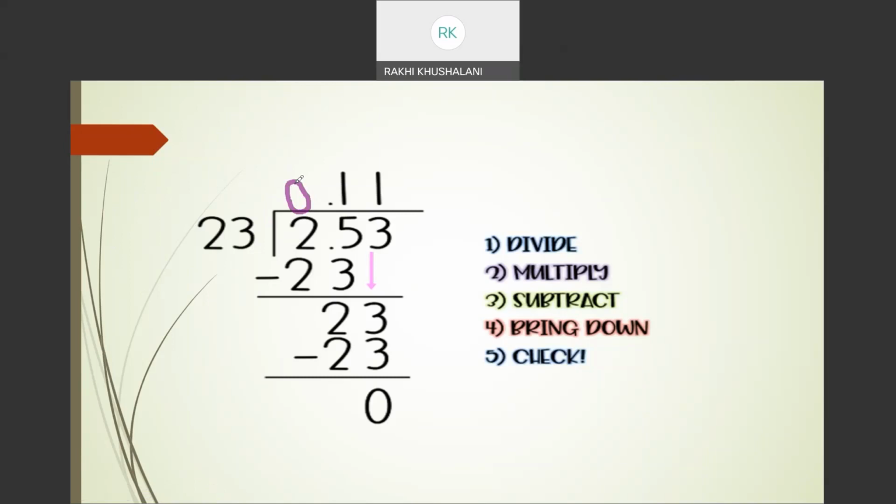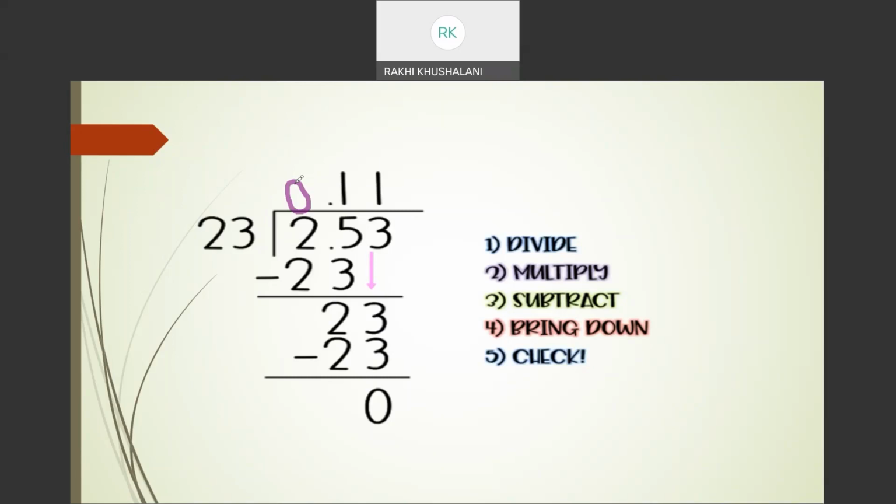So here 2 is not divisible by 23, so no problem. I've already added my decimal in the quotient. 25. Yes, 25 is divisible by 23. So 23 into 1 is 23. The remainder is 2. Bring down your 3.